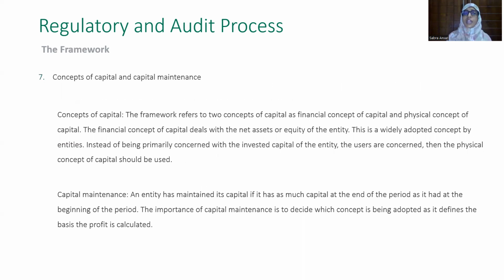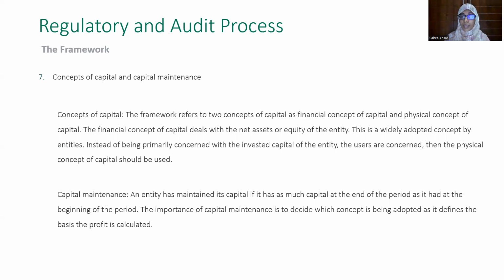Now, when we look at capital, there are 2 concepts. One is the physical concept, and the other is something to do with the net assets, and these are widely adopted by the companies, because when it comes to land, building, machinery, these are things that will be included, and these are physical.